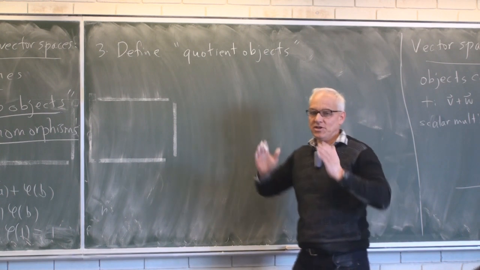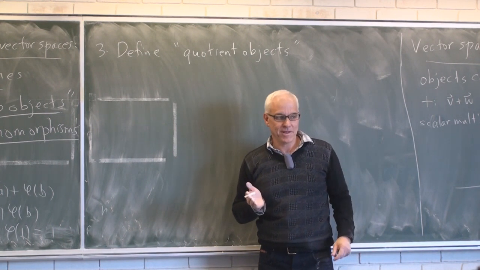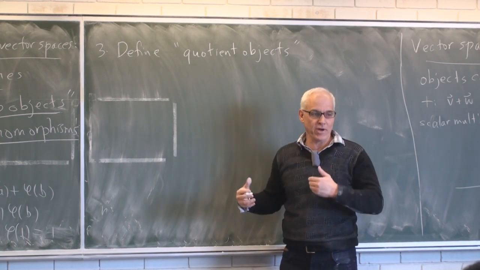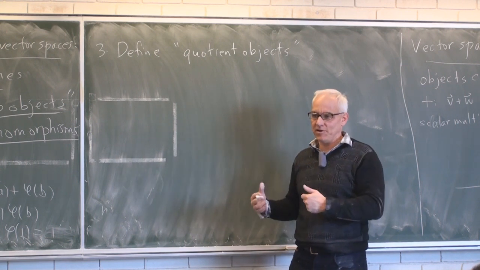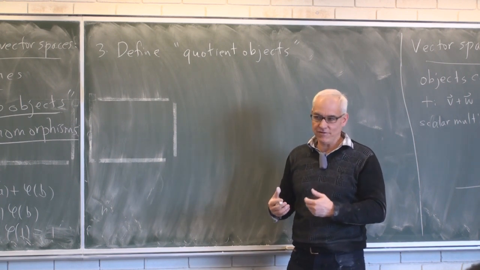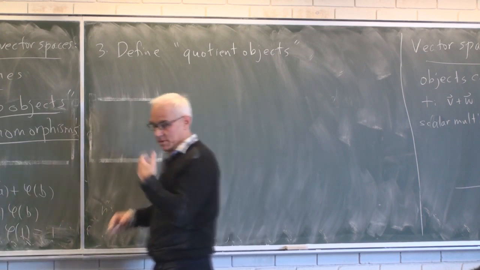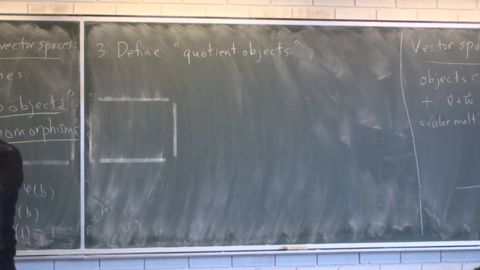Okay, what happens when you divide out by dividing one ring by another, or dividing one field by another, dividing one group by another, dividing one vector space by another? So if you set that up right, then you have new ways of getting objects by doing these sub-constructions or quotient constructions.